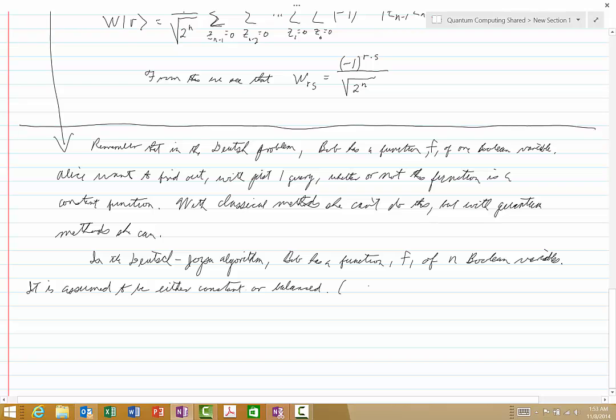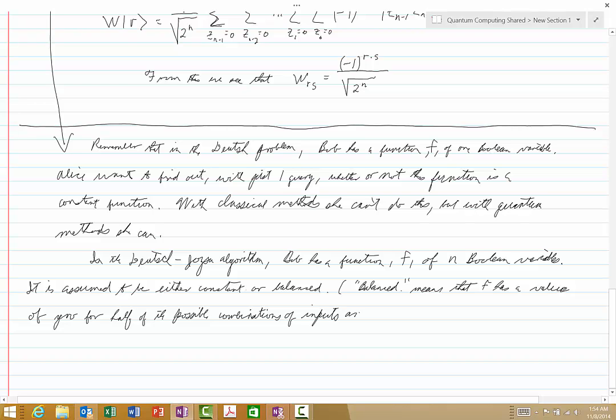Now, what do we mean by balanced? Balanced means that f has a value of 0 for half of the possible combinations of inputs, and 1 for the other half.